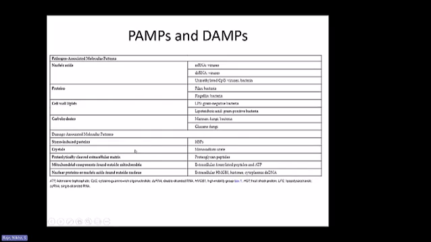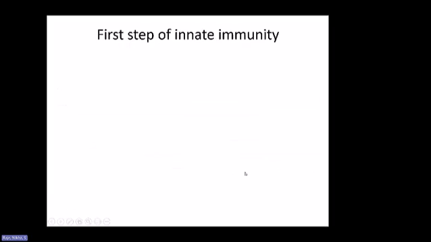And then same with damage associated, so DAMPs, the molecular patterns can be different. These could be proteins or crystals, or these could be nuclear proteins. And because of that damage, these are the patterns that will be produced by those damaged cells that can be recognized by PRRs.